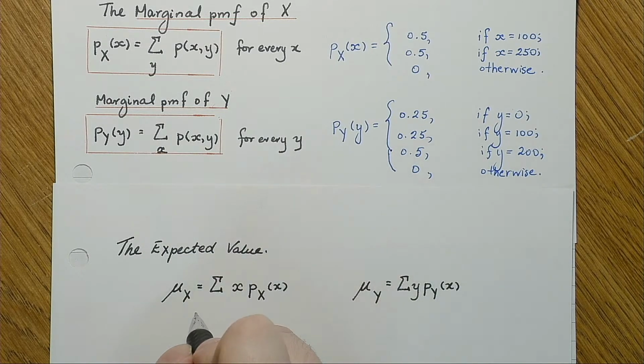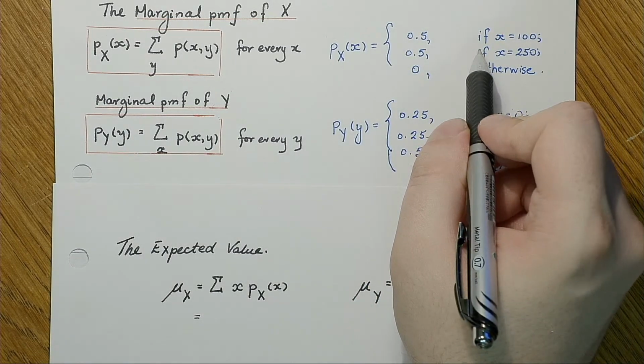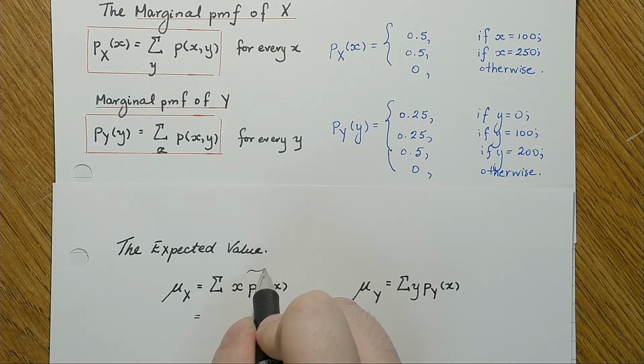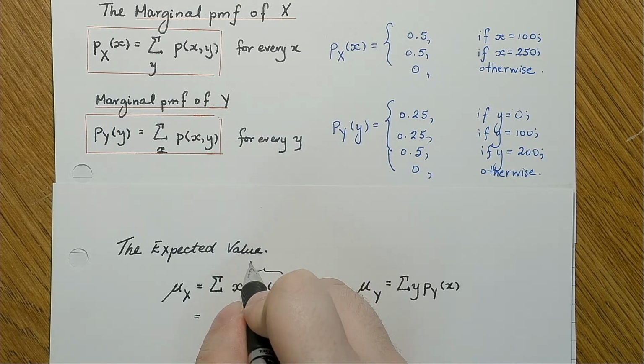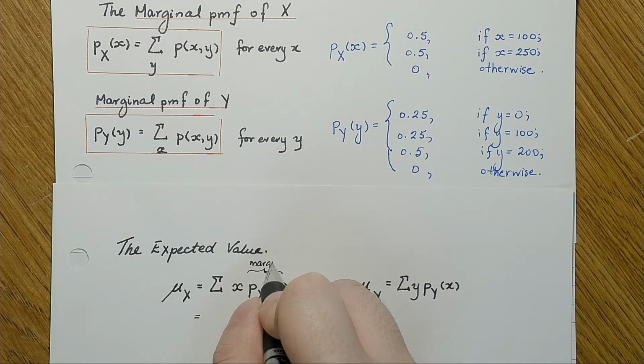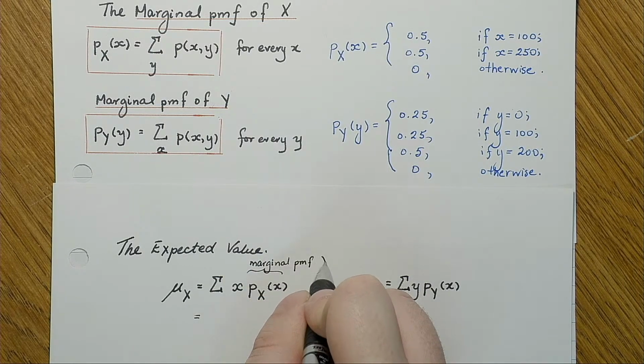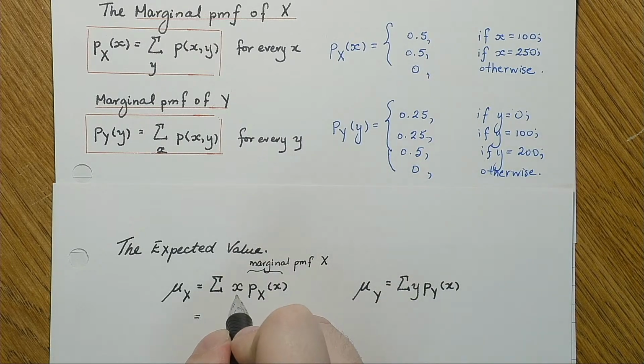Over here, I need to calculate using the marginal PMF of x, multiplied by the value of x.